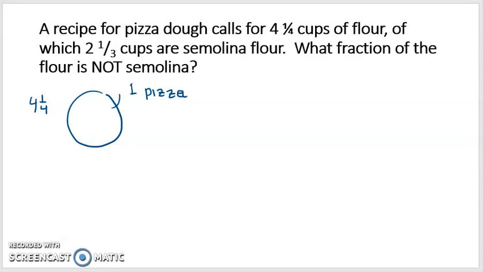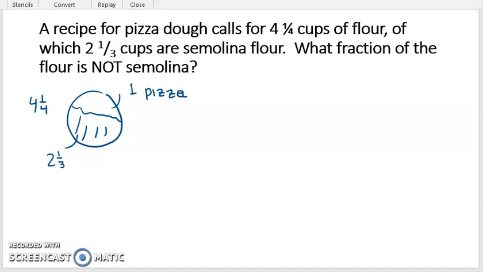2 1/3 cups of that 4 1/4, I'll kind of divide it up. So this section right here is made of semolina flour, so it's 2 1/3 cups. So what's remaining? What's the part of the pizza that's not made of semolina? And that would be the section up top, which I'll shade in a different color.